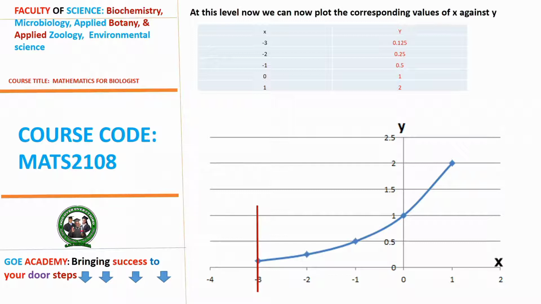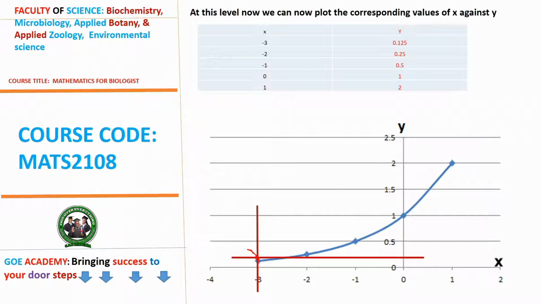Observe there's no 0.125 marked, but you have to extrapolate. If you extrapolate perfectly well, you see that will be the position of 0.125. And observe that those first lines meet at a certain point here. That's my first point.